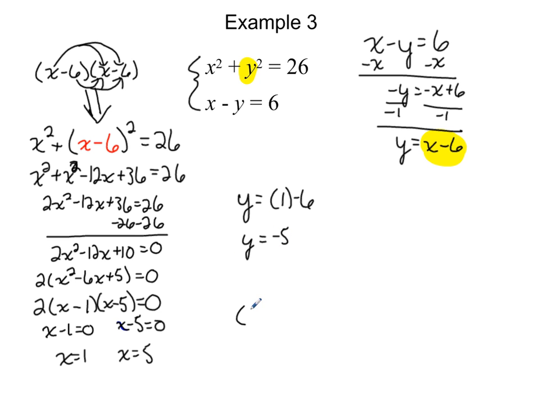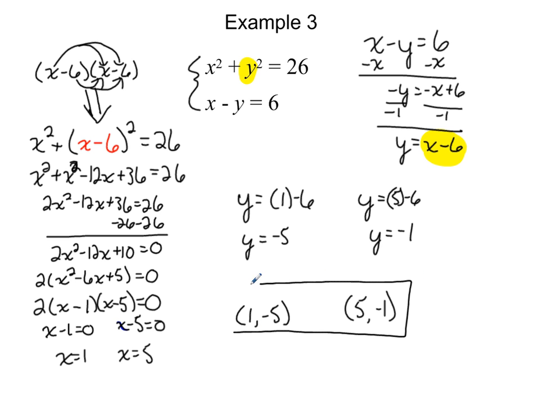So that's one of my answers, is 1, -5. And then I got to plug in 5 for x. So when I do, I get -1. So the 2 points I get are 1, -5, and 5, -1.